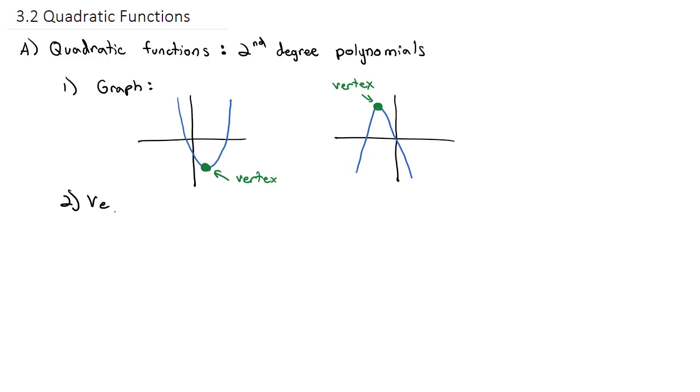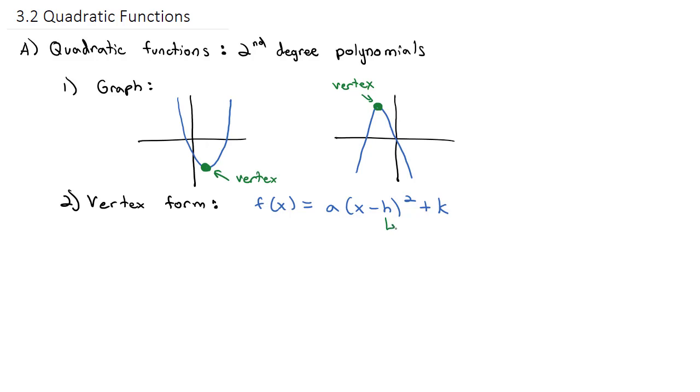So we'll often express quadratic formulas in what's called vertex form to highlight where that vertex is located. Vertex form is f of x equals some number times x minus h squared plus k.